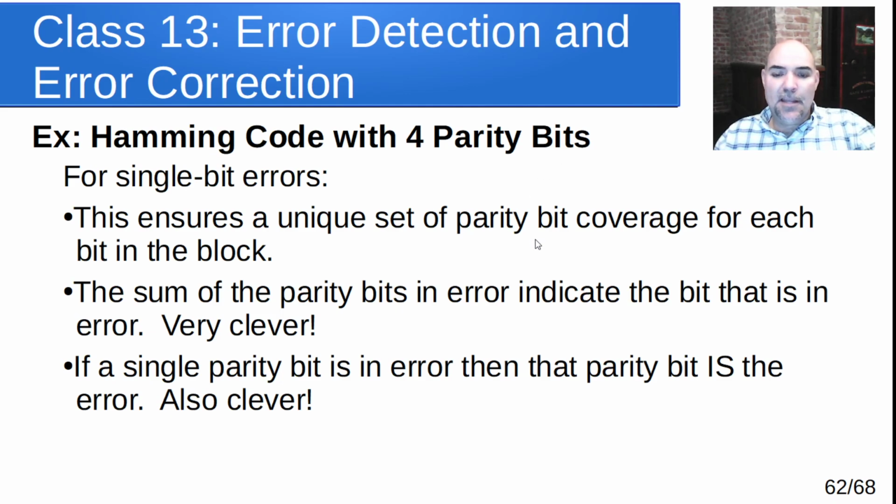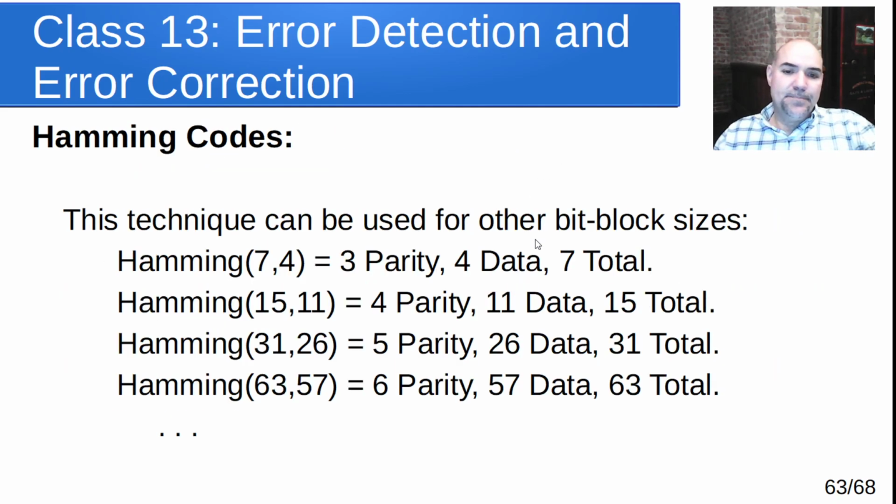And these Hamming codes are used on digital tape for tape backup storage. But notice that that technique can be used for parity blocks of different sizes. The one we looked at was 15-11, but you could also do 7-4. You could do 31-26, 63-57, which has 6 parity bits with 57 data bits, 63 total bits.